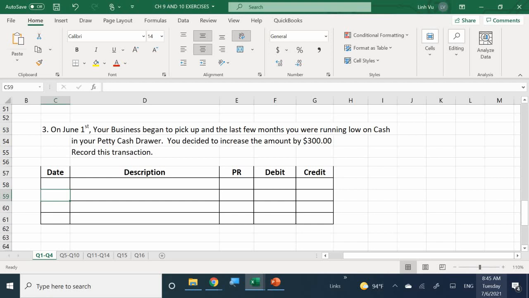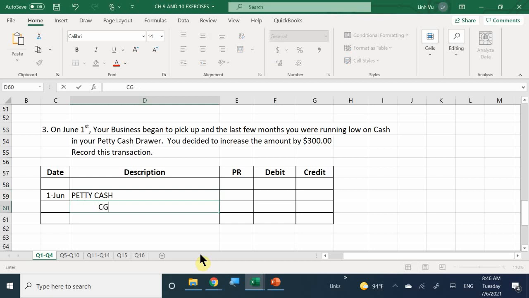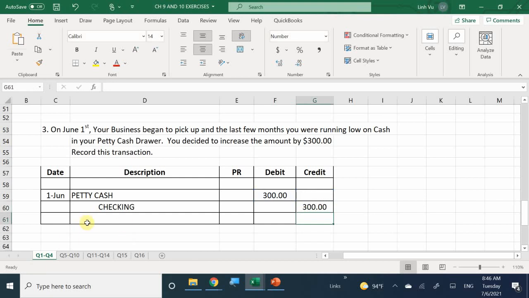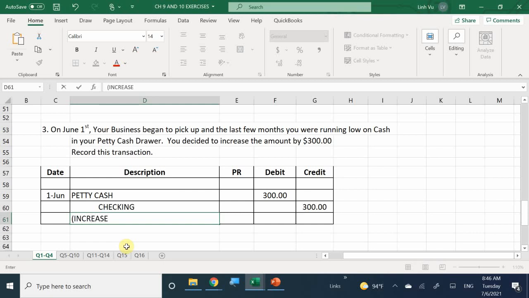You're going to put the date, then petty cash 300 and checking 300. And then you're going to make a note at the bottom to establish petty cash fund. So in this case, we're not establishing. What are we doing? Increasing. You're correct, increasing the petty cash fund. Good.